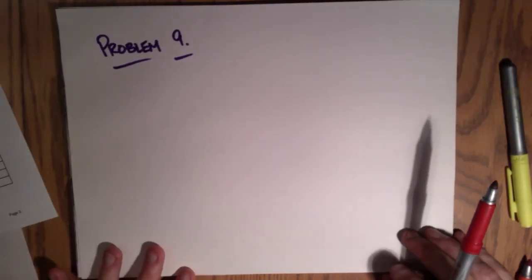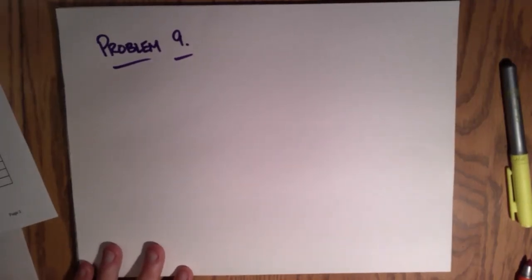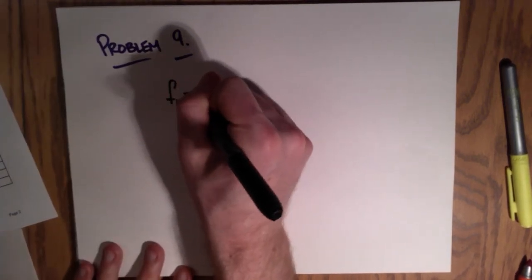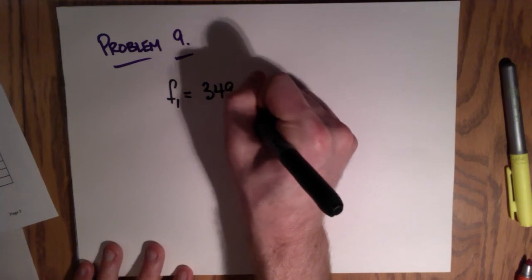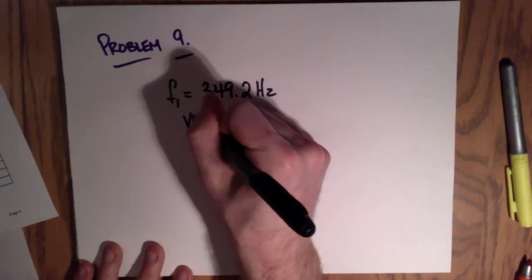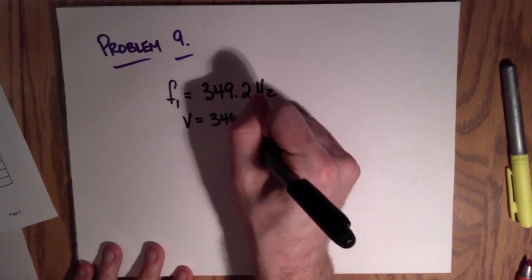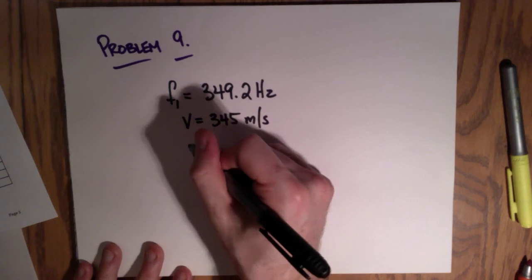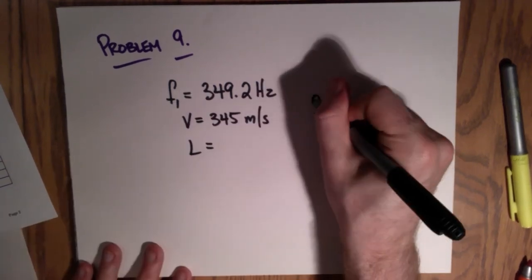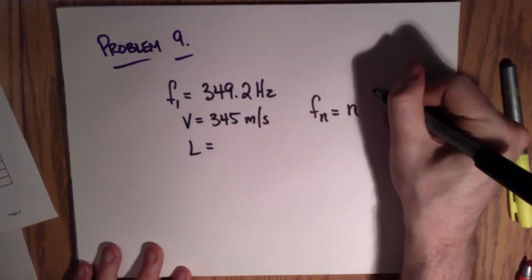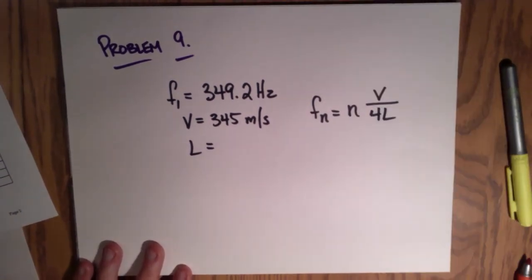And last but not least, we have problem 9 here. We're told that the harmonic frequency of one of these bottles is 349.2 hertz. We're told that the velocity is 345 meters per second. And we want to know what is the length of this pipe. Well, hopefully you realize that it is an open closed system, so we have F equals nV over 4L.